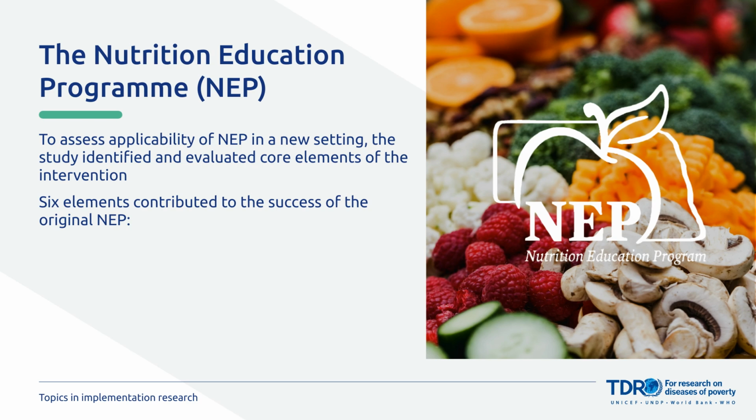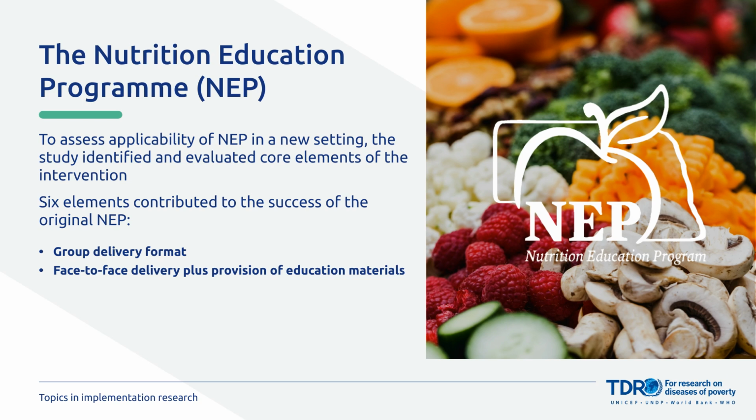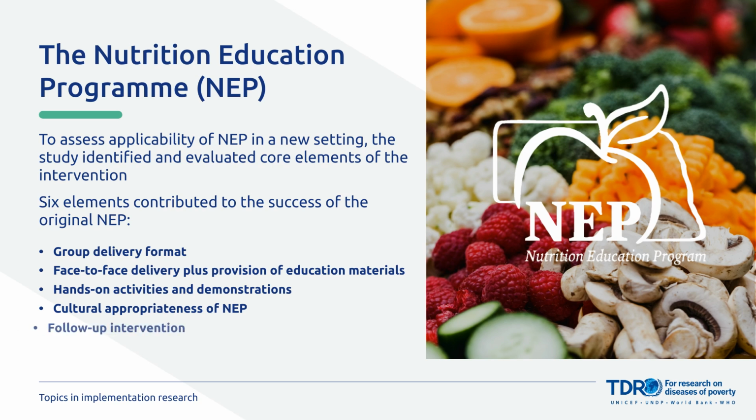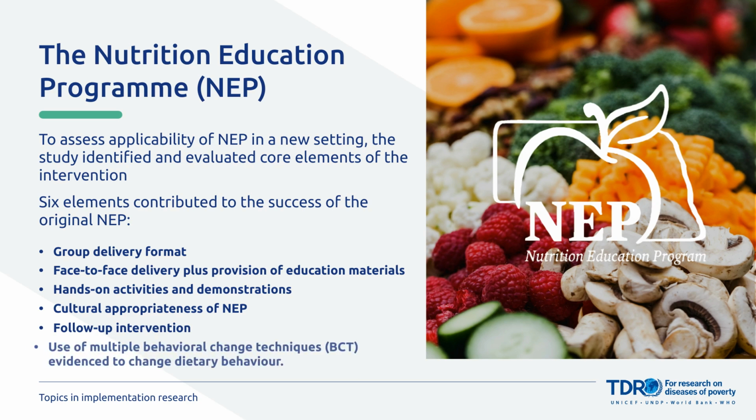The identified core elements include group delivery format, face-to-face delivery supplemented with educational materials, such as posters, hands-on activities and demonstrations, cultural appropriateness of the NEP, follow-up interventions, and the use of multiple behavioral change techniques proven effective in altering dietary behavior.